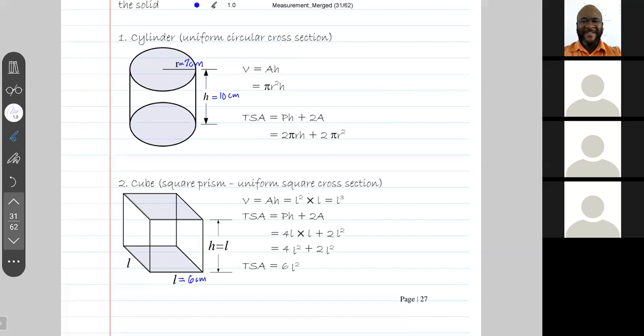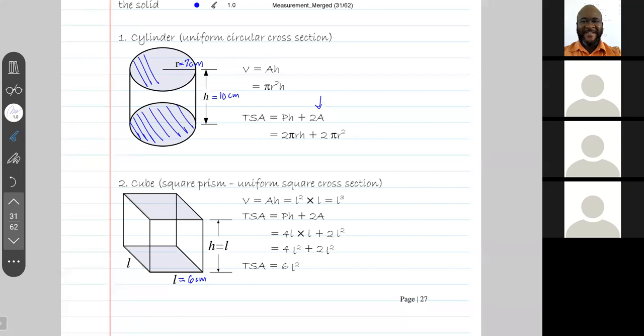The A in this formula is the area of the uniform cross-section. So the A here would be the area of this circle and the area of the top circle. Guys, listen carefully.